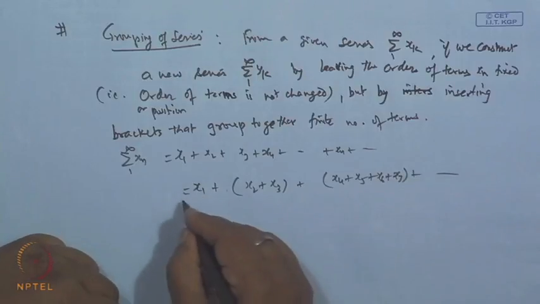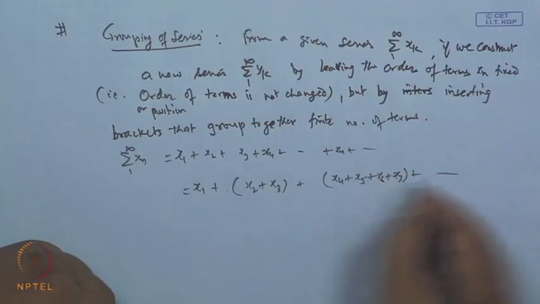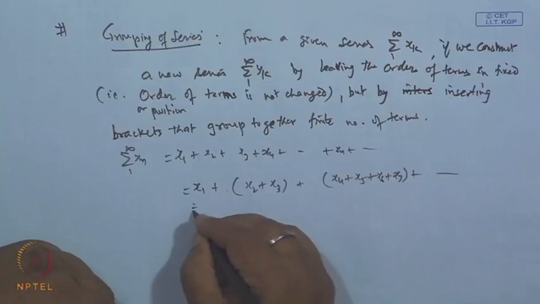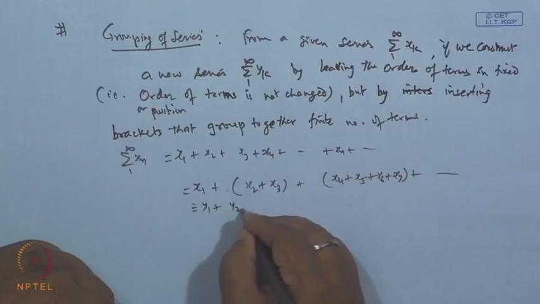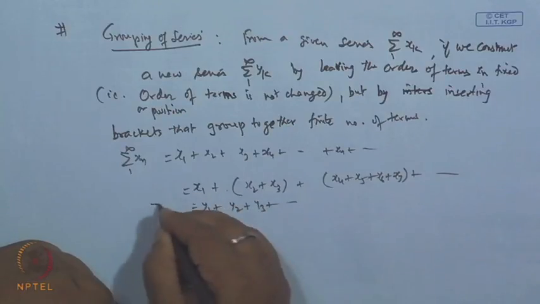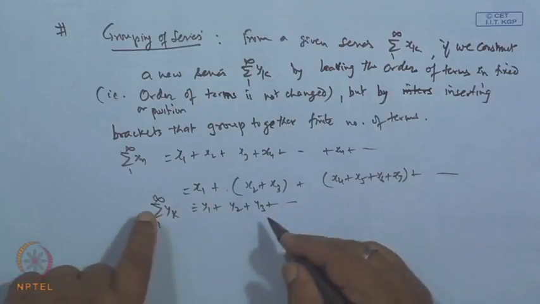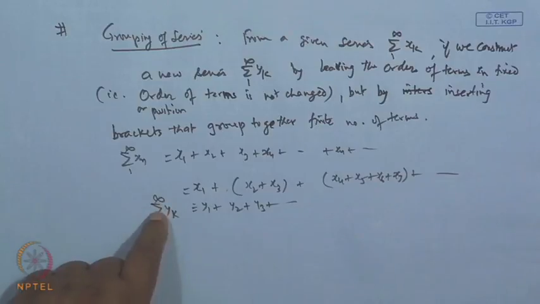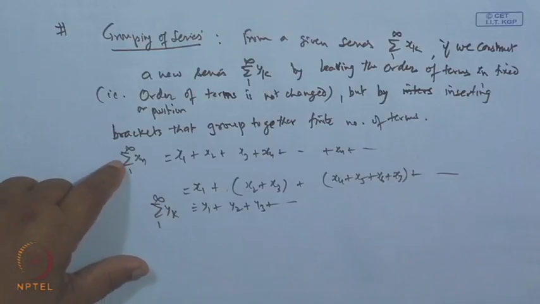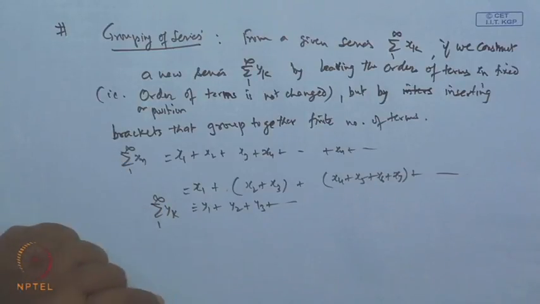So this new series which is obtained is, say, equivalent to y 1 plus y 2 plus y 3 and so on. This series sigma y k, k is 1 to infinity, is called the grouped series corresponding to x n. A new series is obtained.